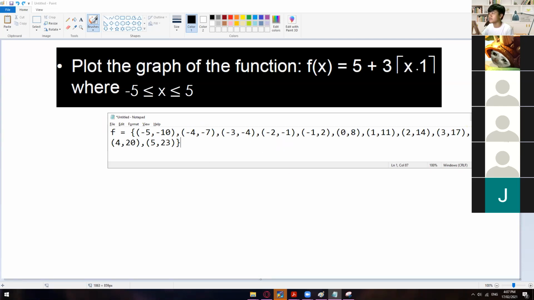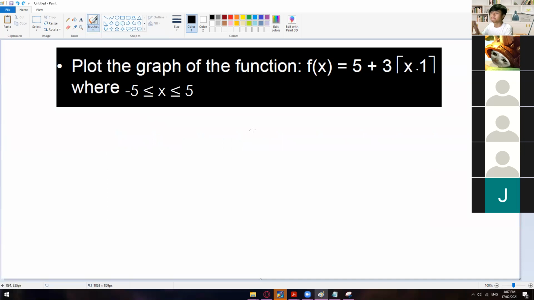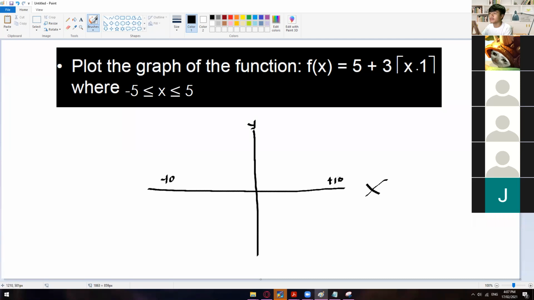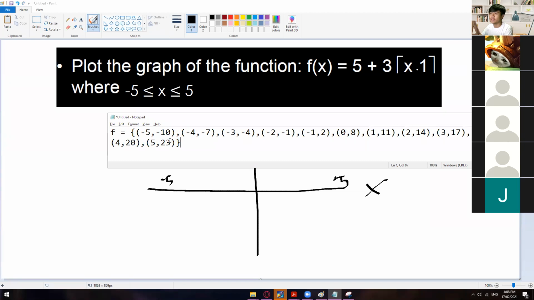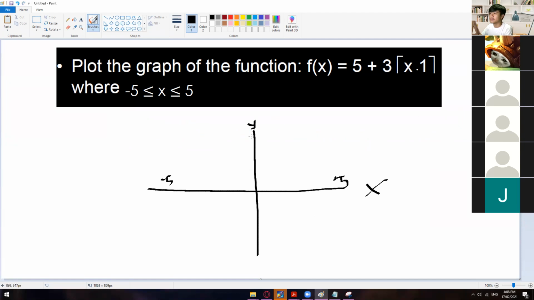If you're going to plot this, here's your x, here's your y. We have negative 5 to positive 5 for x. Our maximum number for the y is 23, and the minimum is negative 10. So I'll just assume that this is your positive 23, and this is your negative 10. Just plot them.